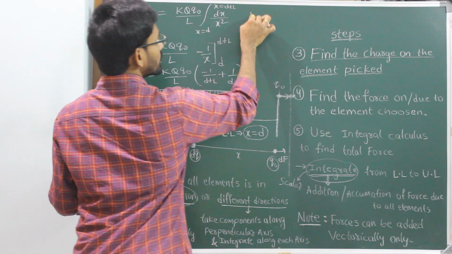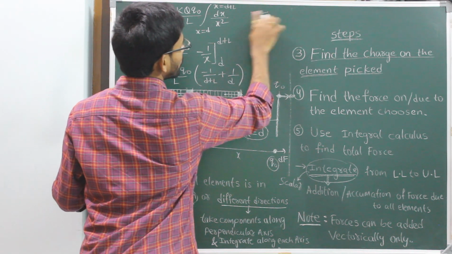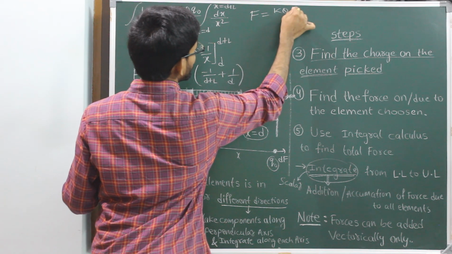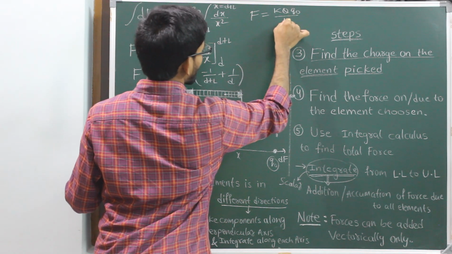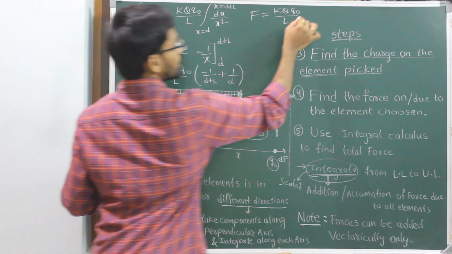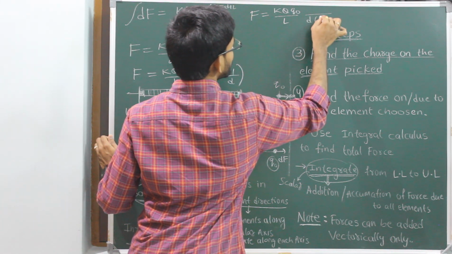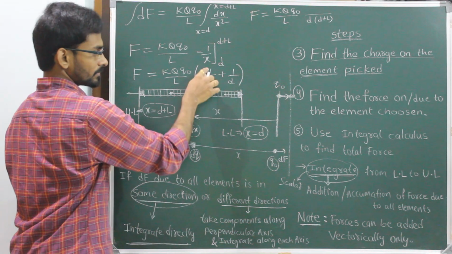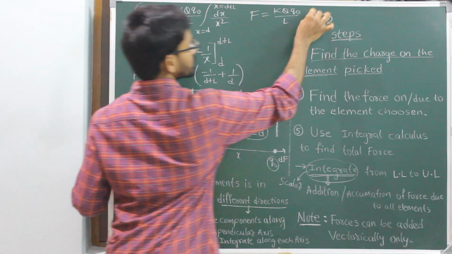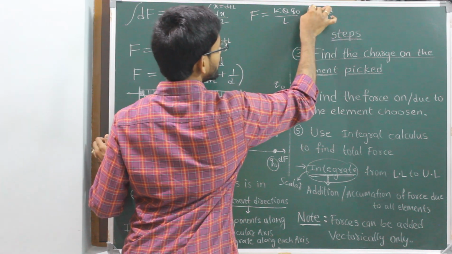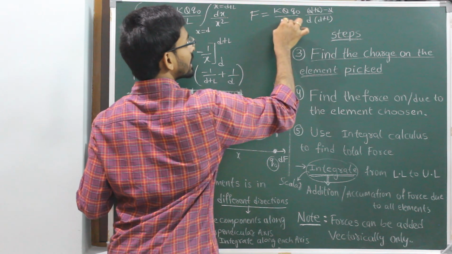So the total force of interaction will be k q into q naught by L. If I take the LCM here, d into d plus L, from here you will get d plus L minus d. So d and d get cancelled and L will be left, L and L get cancelled.